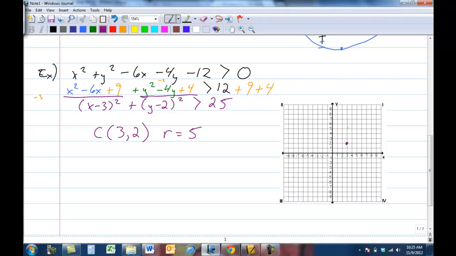So go up 5 in all directions. 5 this way, 5 right, 5 down, 5 left. Now, that's our skeleton of our circle. Now, because this is greater than, this is going to be a dotted or dashed circle.